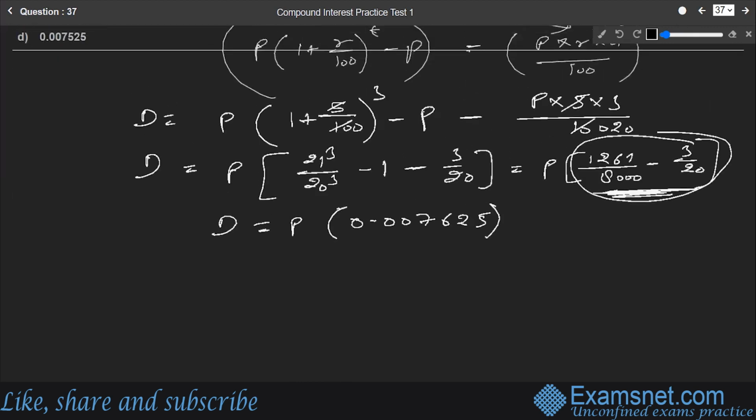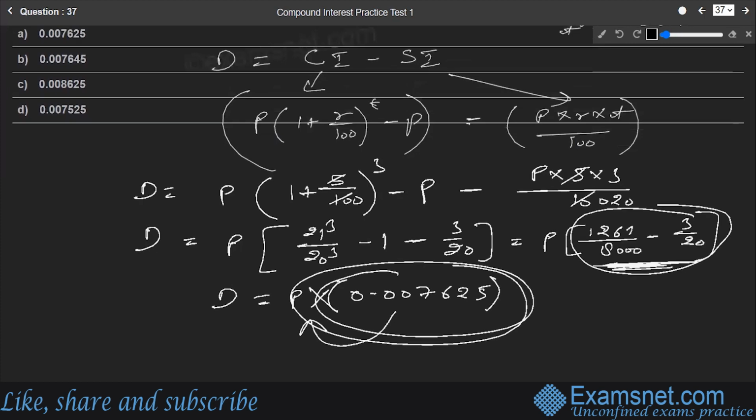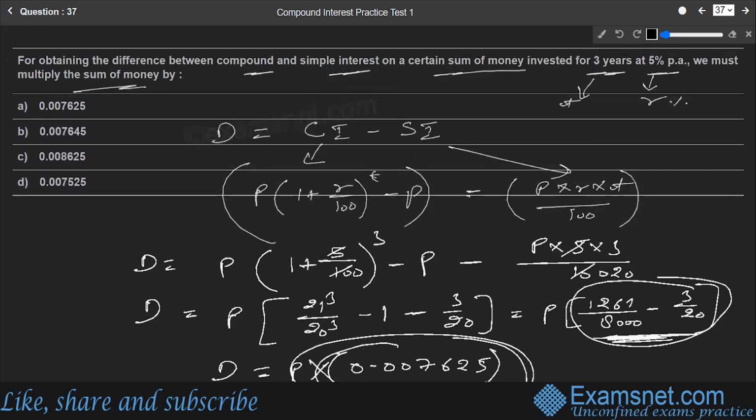So the difference is 0.007625 times P. So this is that multiplier that he was asking, what should be multiplied with the sum of money so that we get the difference. This value, 0.007625, is available in option A itself and is going to be the right answer.